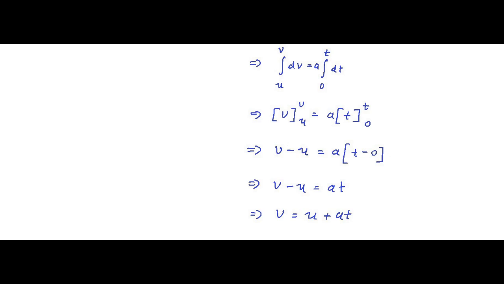So this is the first equation of motion that we have derived. This is the first equation of motion: final velocity v is equal to initial velocity plus the product of acceleration and time.